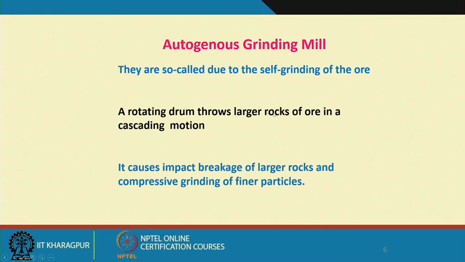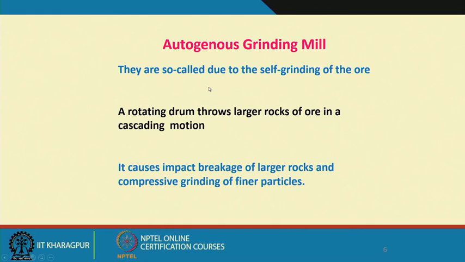So your capacity per unit volume is much higher than in ball mills or rod mills. That is why your power consumption per unit ton of material processed becomes lower.